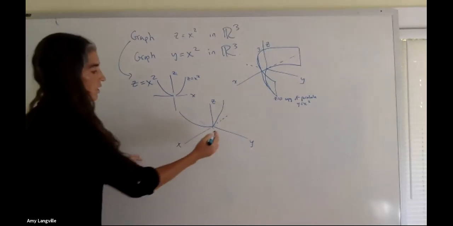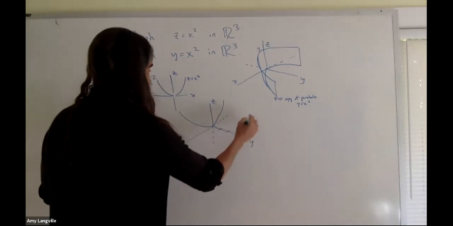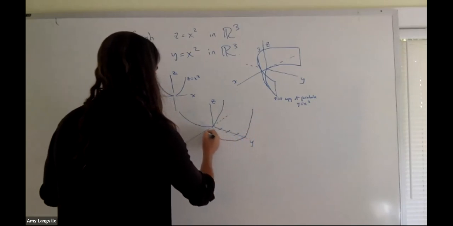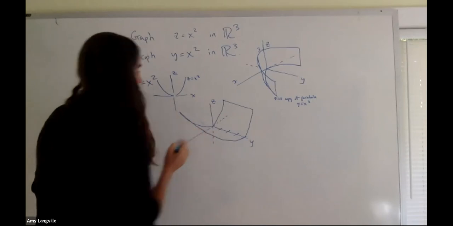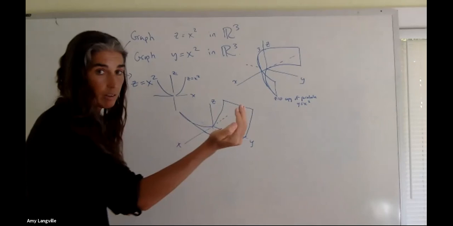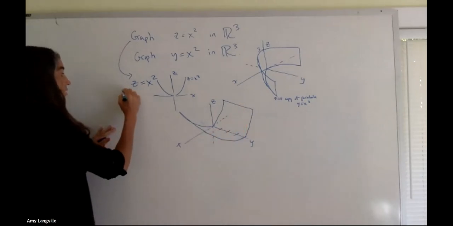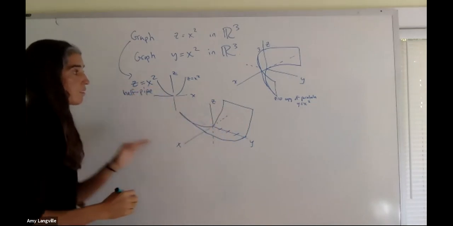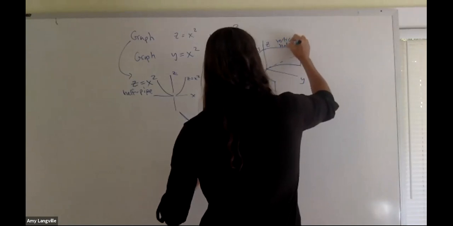But y is free to take on other values like 1, 2, 3, 4; it doesn't matter what you pick. What matters is that you replicate the shape of the parabola precisely, and then connect the ends. This is the half pipe coming out of the board. We're going to get good at verbally describing this too. This is a half pipe you could skate in, right? The previous one was a vertical half pipe, and you don't want to skate in that one.